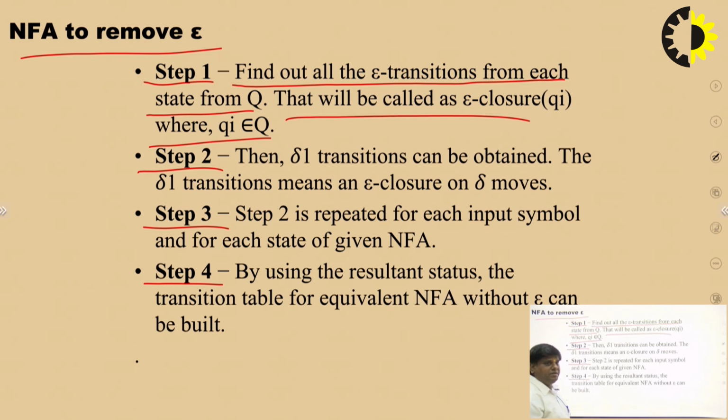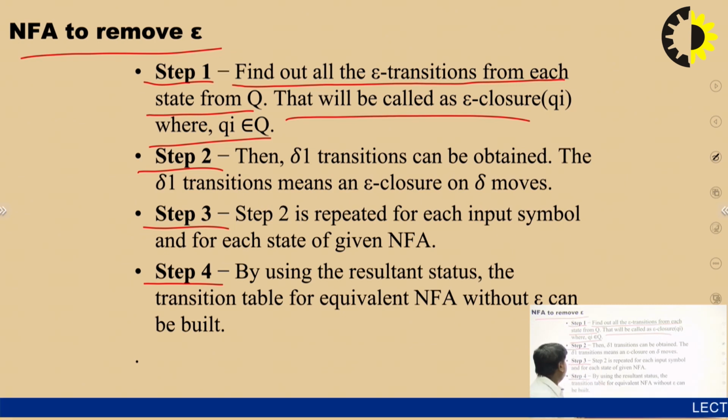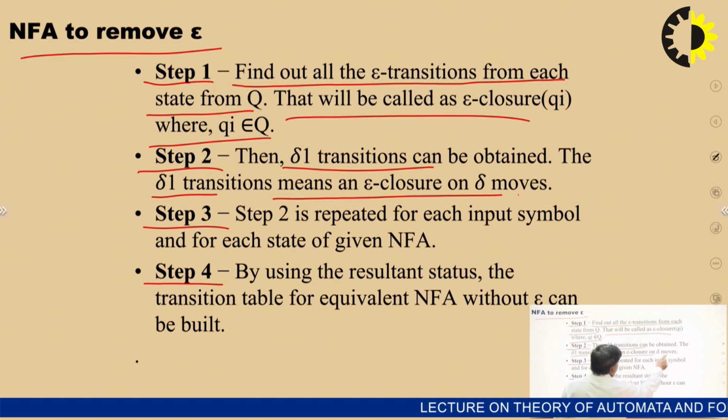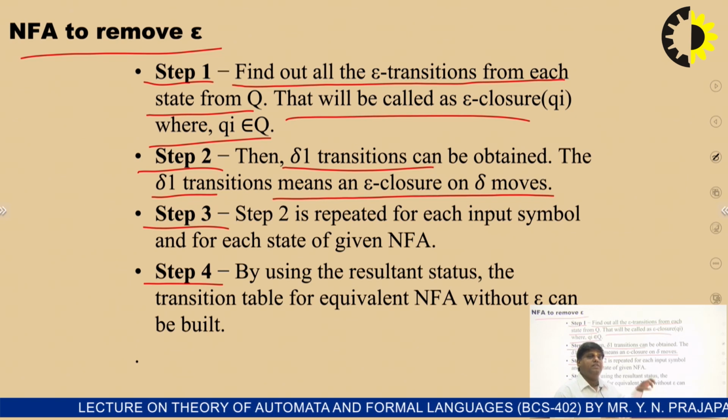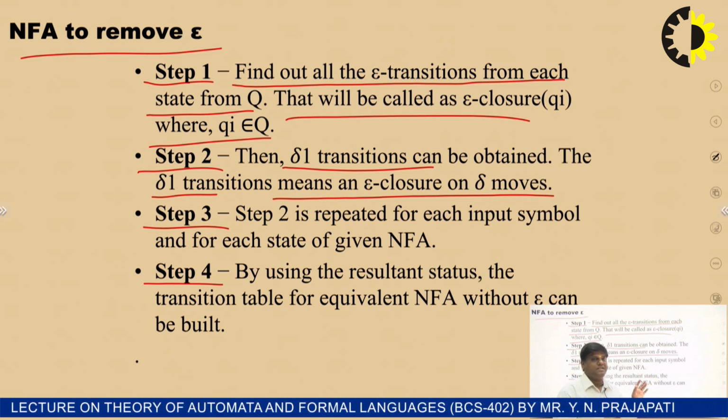For better understanding, we take a very simple example, then we explain all these steps one by one. In step 2, the transition can be obtained as delta 1, meaning the epsilon closure on the epsilon move. In the second step, we find the maximum length that a particular state can move with the help of epsilon.